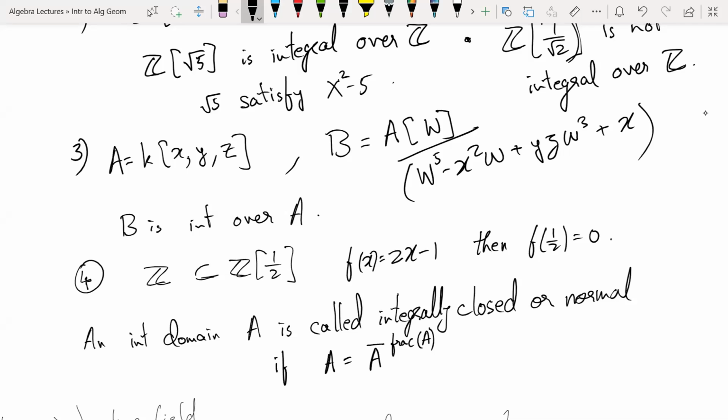Did you see this result, that alpha is integral over a normal domain if and only if its minimal polynomial is monic?